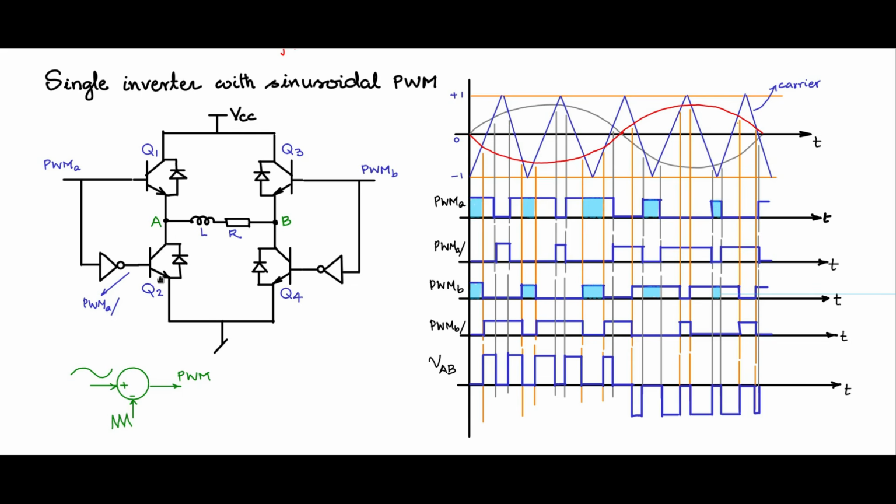This is not desirable, because that will cause Q1 and Q2 to deteriorate, or you may have to overrate the devices, which is not actually a good thing to do, because it can be very costly. So in order not to have these shoot through current stresses, we provide dead time.